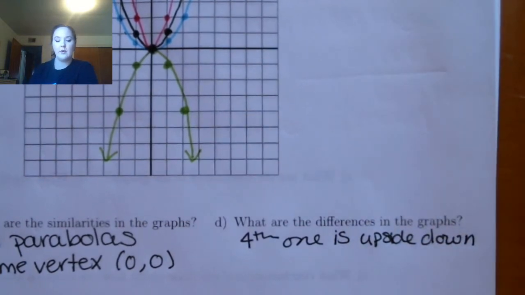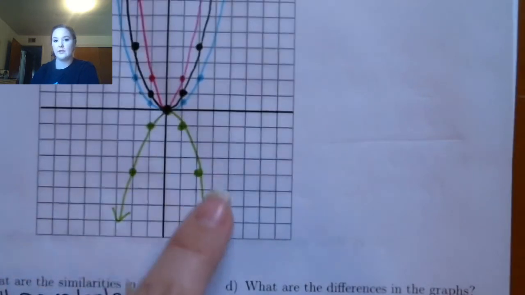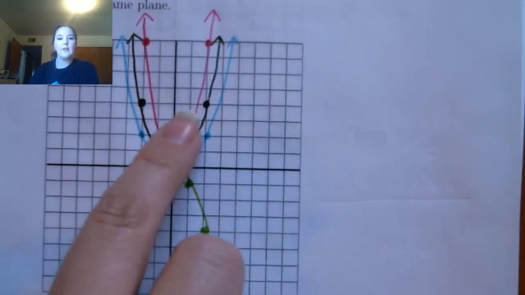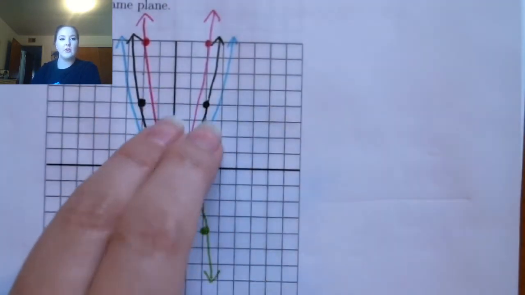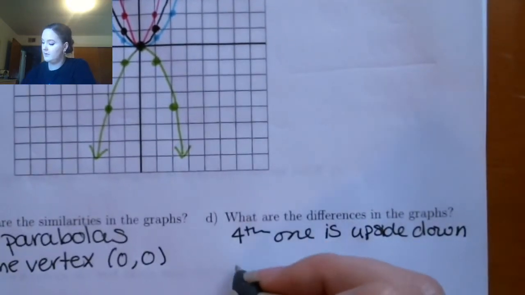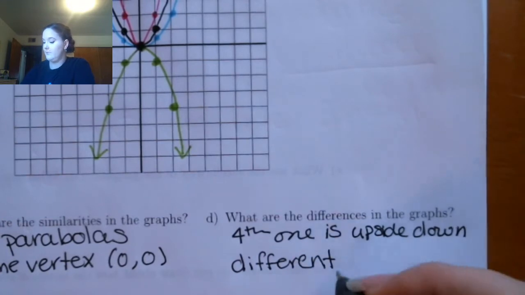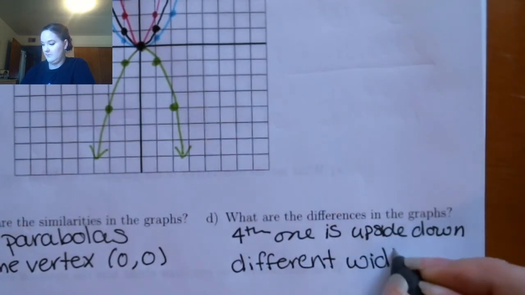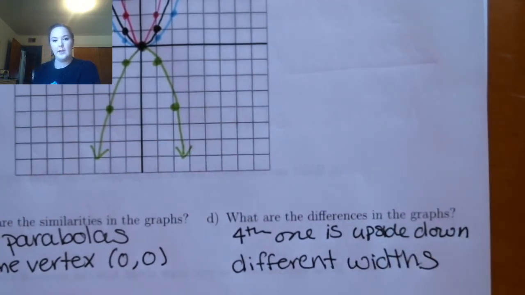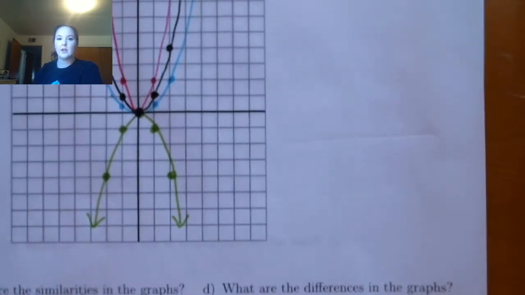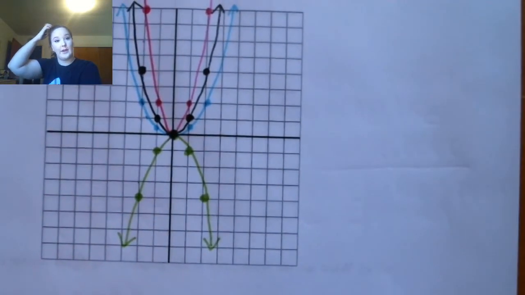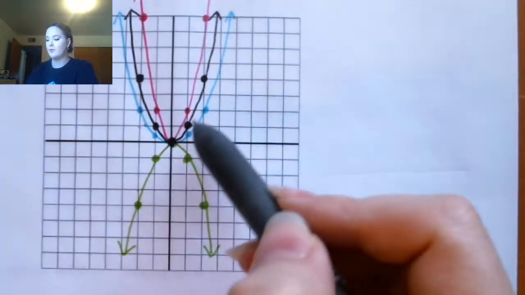That's a very obvious difference. And the other ones, it looks like they're all different widths. Some are skinnier and some are wider than the base graph, which is the one in black.